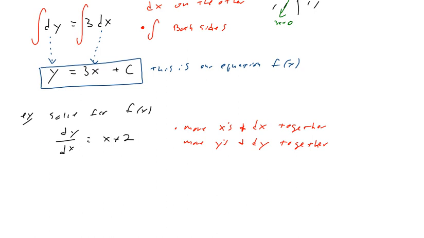I'm going to multiply both sides by dx, and I'm going to get dy equals (x plus 2) dx. Notice that I put the x plus 2 into parentheses because I am multiplying the entire x plus 2 piece. When I multiply the whole side by dx, I'm multiplying the entire x plus 2 piece by dx.